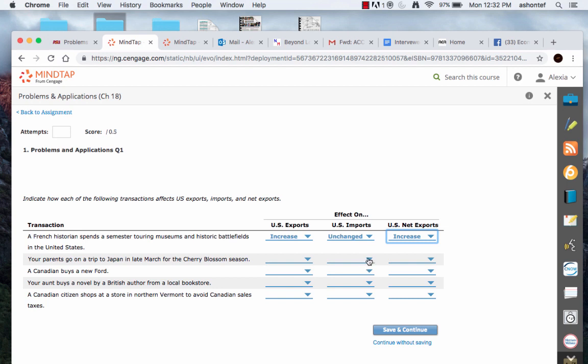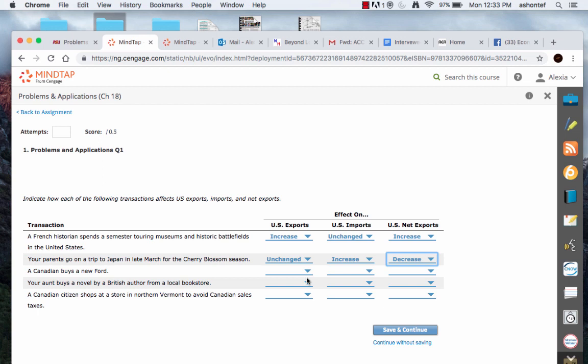So with the detail, that's going to be an increase in US imports. Won't do anything from this question to exports. So the net change, which is exports minus imports: exports haven't changed, and then it's minus imports. So your imports have gone up, which is going to make the net exports decrease.